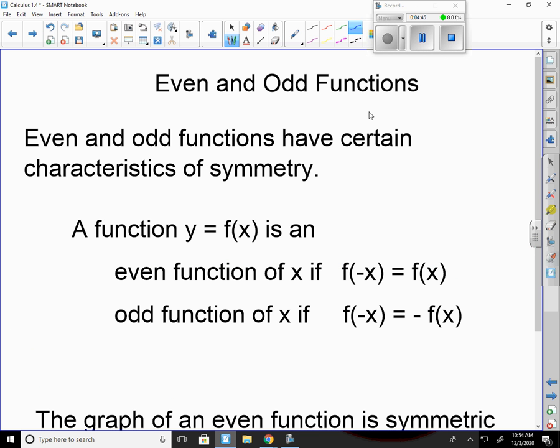All right, that takes us to even and odd functions. Even and odd functions have certain characteristics of symmetry. A function y equals f of x is an even function of x if f of negative x equals f of x, and it's an odd function if f of negative x equals negative f of x.